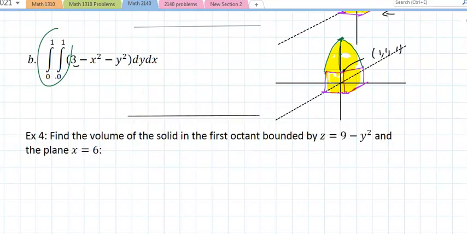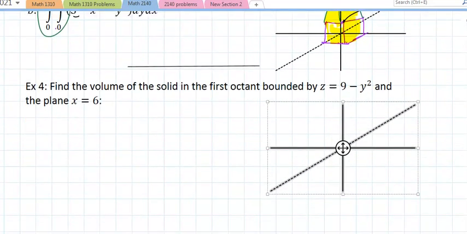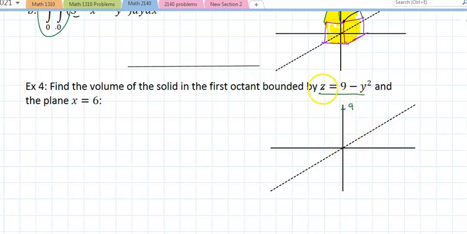Find the volume. This is really what we're going to do for the most part. Let's say this is 9 minus y squared. And if I set z equal to 0, y would be 3 or negative 3. First octant.